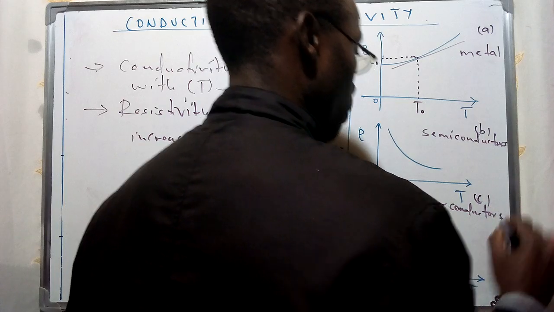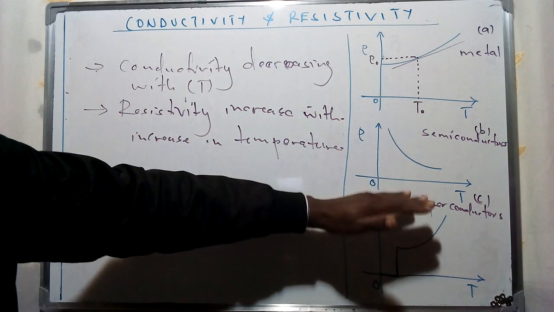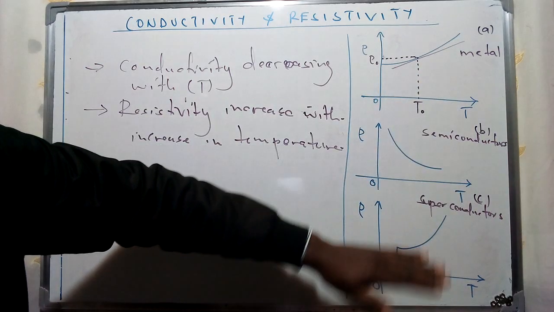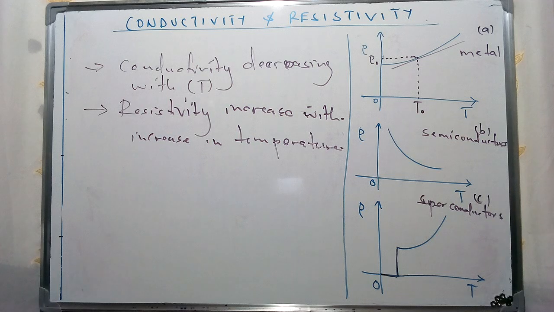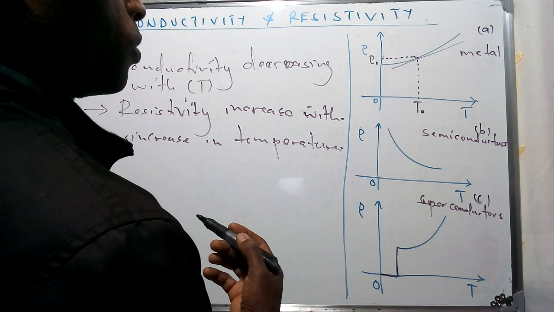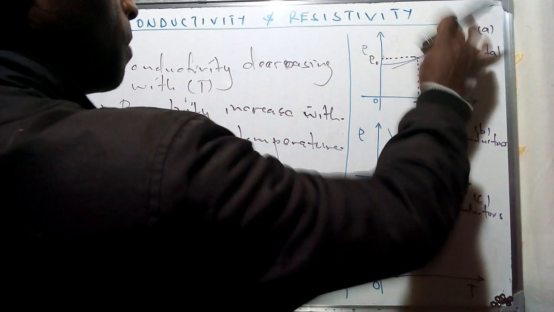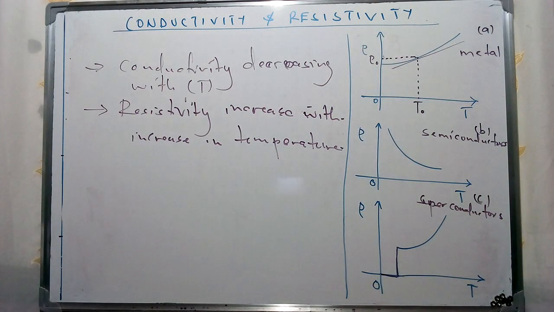The influence of temperature is going to have a specific effect on these materials: metals, semiconductors, and superconductors, whereby we have an increase in resistivity with increase in temperature for metals.